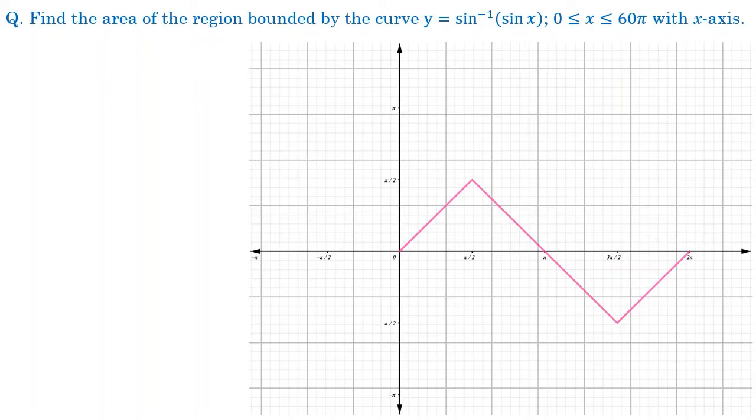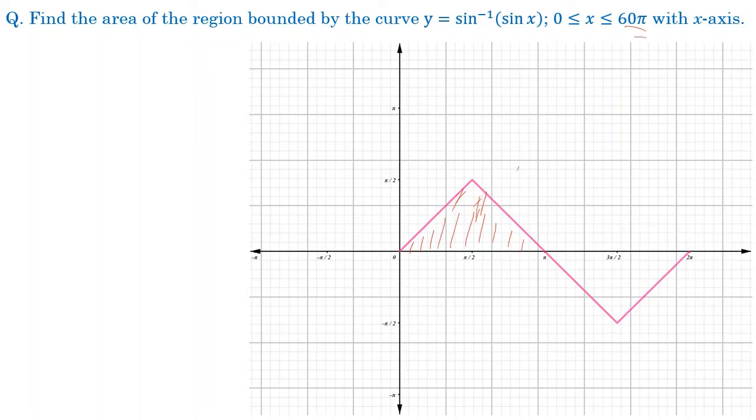So you see here, if I want to find the area of this triangle, that is simply with the x-axis. The question is the area of all the triangles up to what, up to 60 pi. That is used at last.